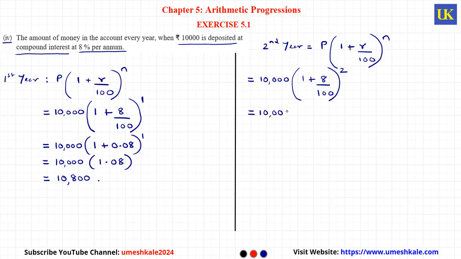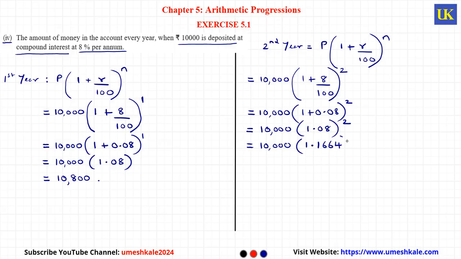So 10,000 into 1 plus 0.08, and here we have raised to 2. Then 10,000, 1 plus this will become 1.08 raised to 2. Then 1.08 raised to 2 will become 1.1664.